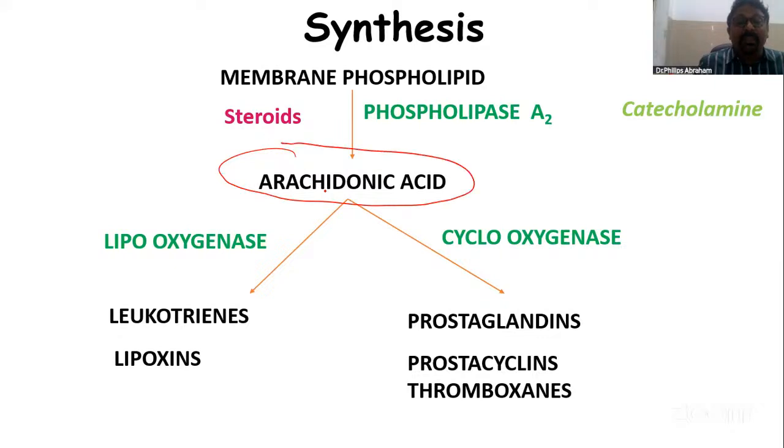This can undergo two types of pathway. One we call the cyclooxygenase pathway or COX pathway. The other one, the lipoxygenase pathway. And these compounds, leukotrienes, lipoxin, prostaglandin, prostacyclin, thromboxane, all together are 20 carbon containing compounds, and we use the word icosanoids.